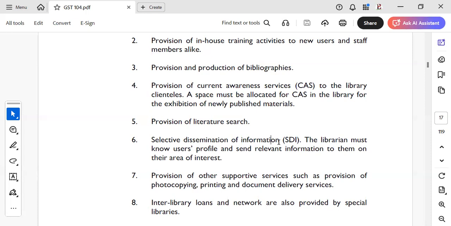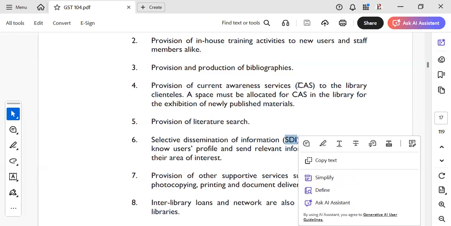But you registered with the library when you came in that you are doing research on underage pregnancy. So out of those 100 books that came in today, we have 5 that deal with pregnancy. Automatically they will select those 5 for you. They will recommend those 5 to you when you go to the library the next day, that we have 5 new books that talk about your research. That is SDI. They have selected them for you. So in the question, your answer will be that SDI is personal, while CAS is general.